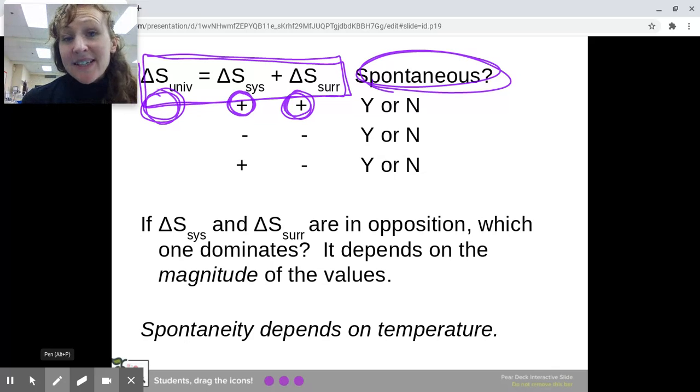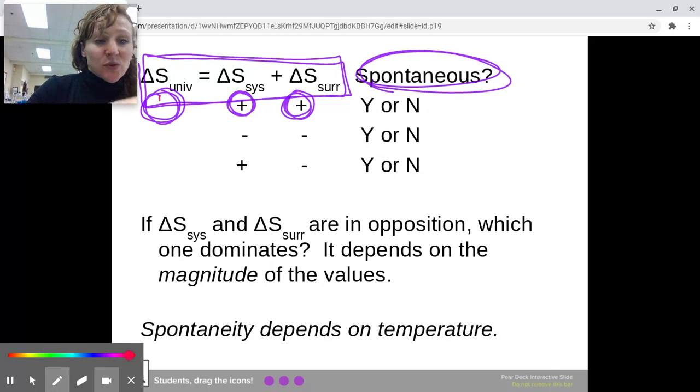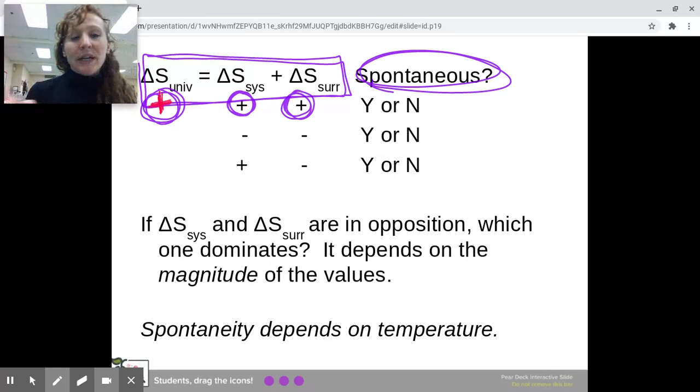So if both of these things are positive, entropy of the universe must come out positive as well. There's no scenario, no matter how big or small entropy of the system and entropy of the surroundings are, where entropy of the universe comes out negative, which means if these two are both positive, then this system has to be spontaneous.